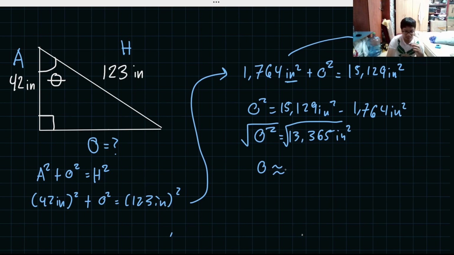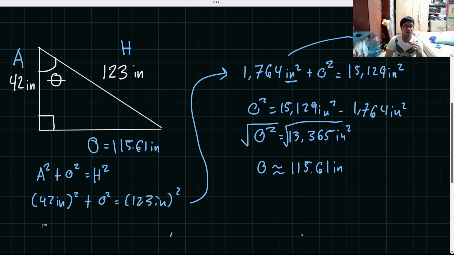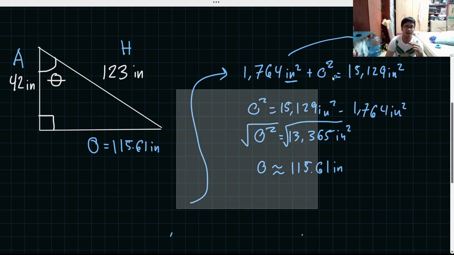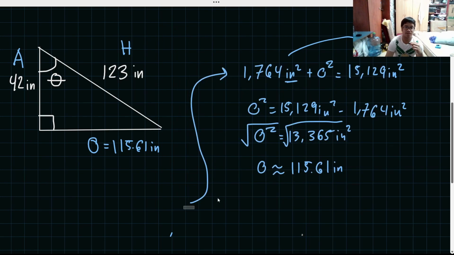If we get the square root of 13,365, we will have approximately 115.61 inches. So that is the length of your opposite side, 115.61 inches.